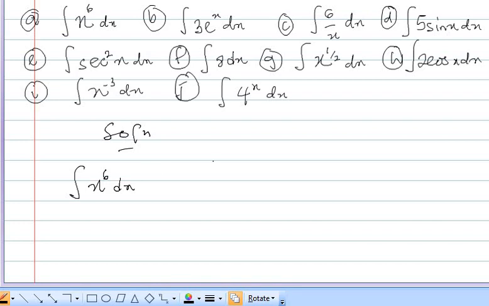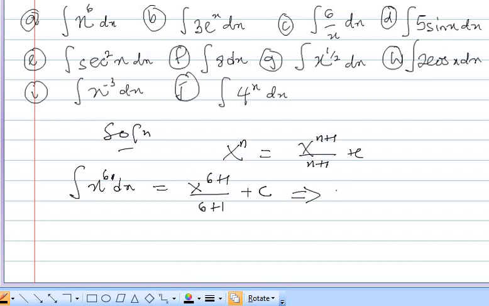Since it's x raised to the power of n, the integral is, by the formula, x to the power of n plus 1 all over n plus 1, plus c. Since our n is 6, we say x to the power of 6 plus 1 all over 6 plus 1, then plus c. So this is x raised to the power of 7 all over 7, plus c.